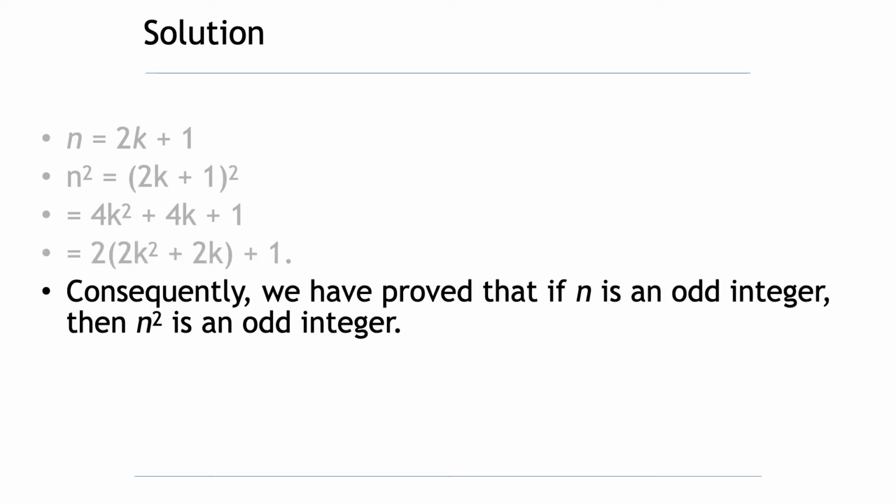So, consequently, we have proved that if n is an odd integer, then n squared is also an odd integer. Notice that here we are doing a recap of the theorem as the last step. That's what you should always do. The last step of the proof must be a recap of the theorem. So you make your point very straight.